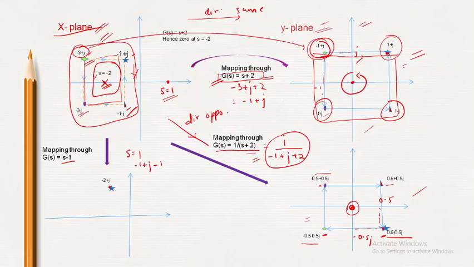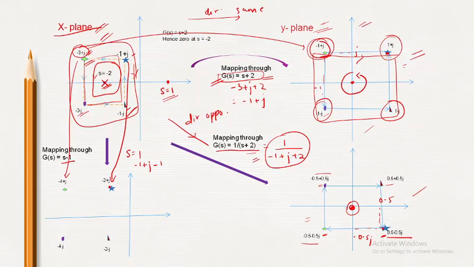So the first point is mapped to minus 2 plus j. Next, minus 3 minus j will be mapped to minus 4 minus j, and the last point to minus 2 minus j.